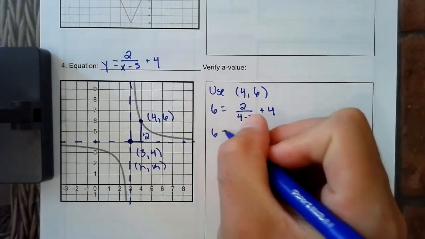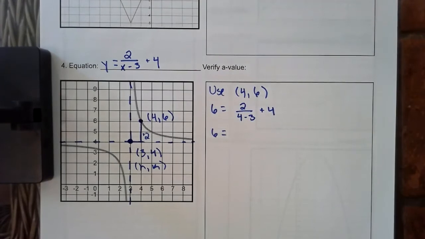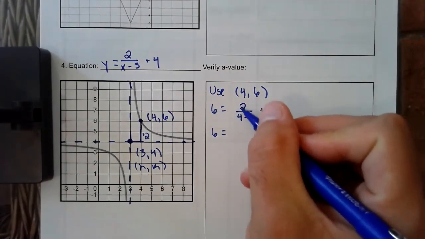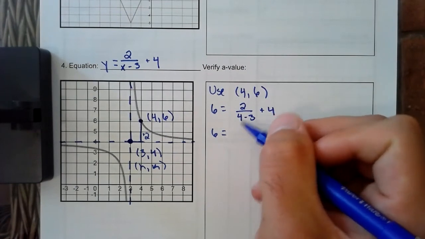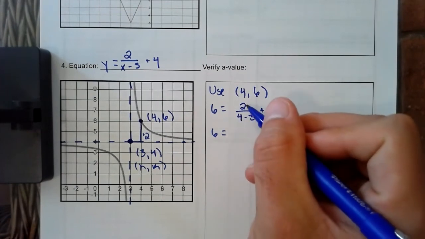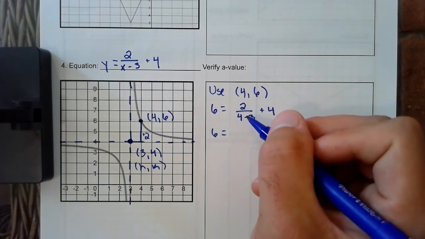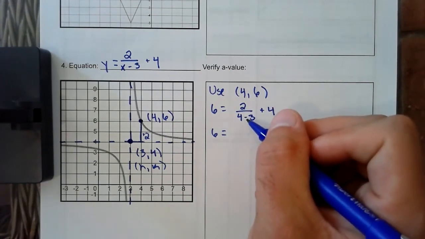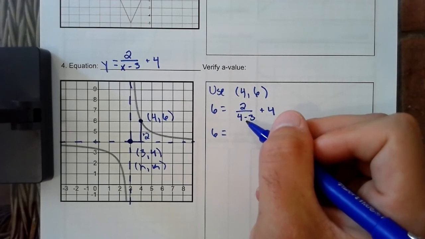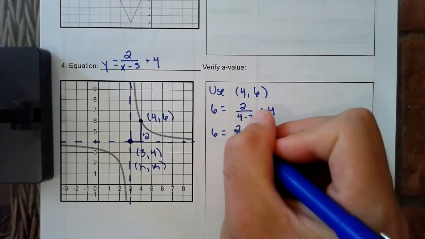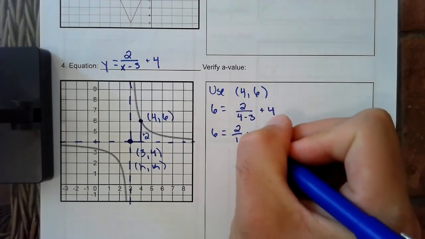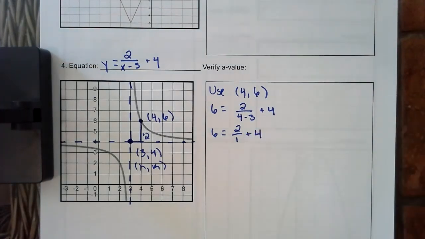Now, this is a little bit different. You look at this and wonder what operation we do first. If we have a fraction like this, that is something we need to take care of. We want to simplify both the top, which is already simplified, no operation there, and also the bottom. So the first thing I want to do is subtract 4 minus 3, which gets 1. We want to simplify that fraction as best we can whenever we have them.